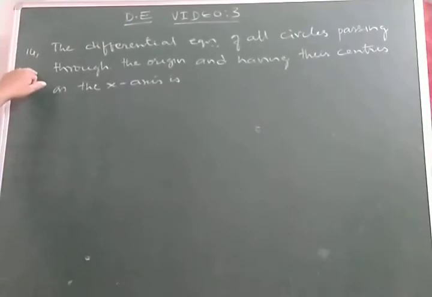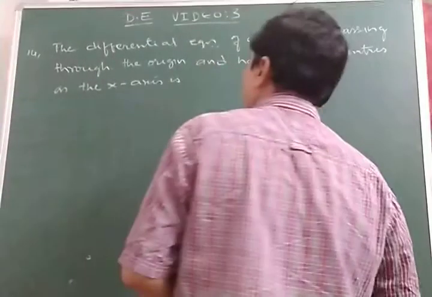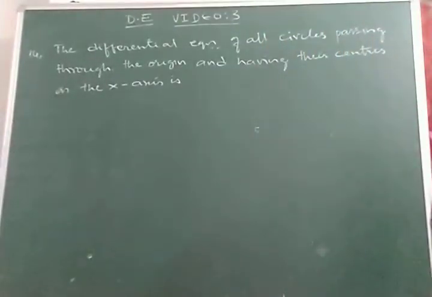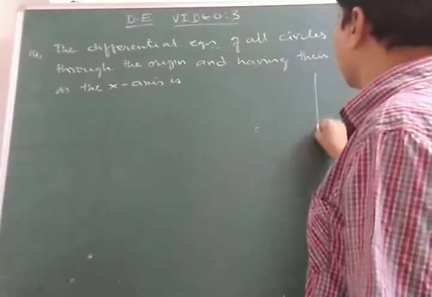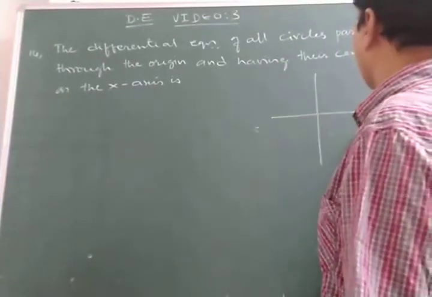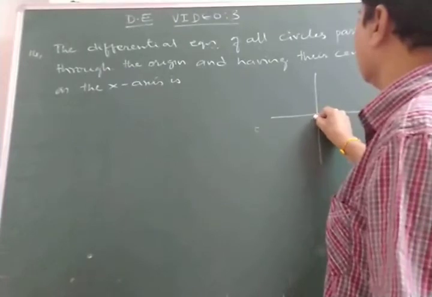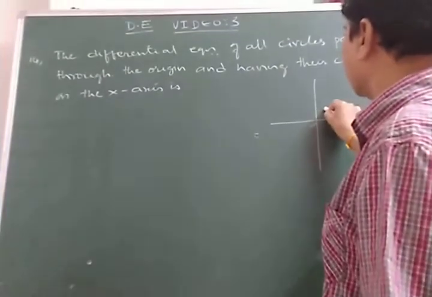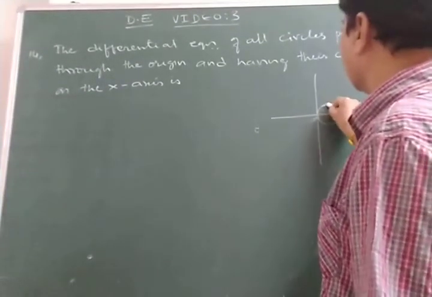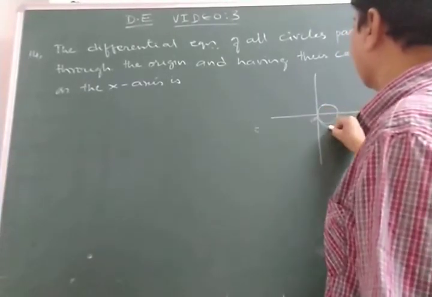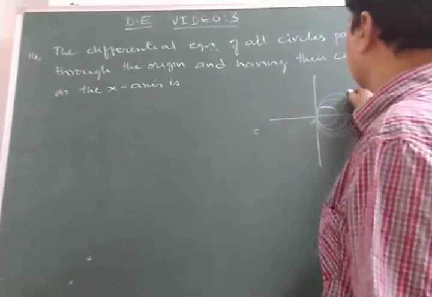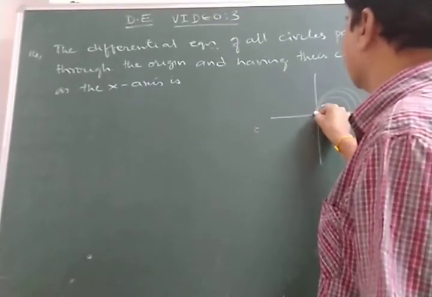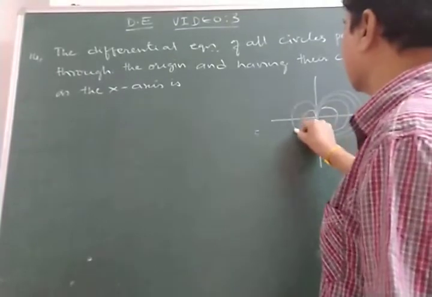Number 14. The differential equation of all circles passing through the origin and having their centers on the x-axis is? So this is the coordinate axis, this is the origin. These are the circles which pass through the origin and whose centers lie on the x-axis.